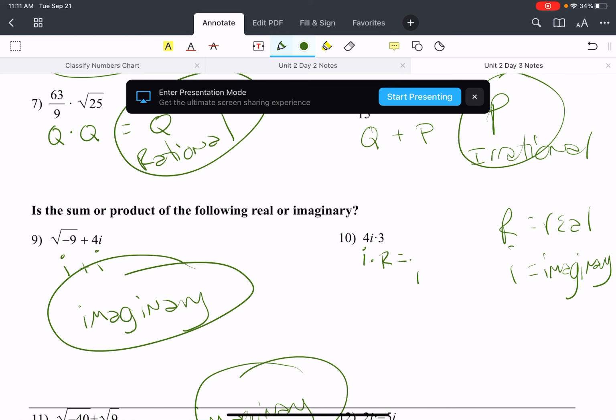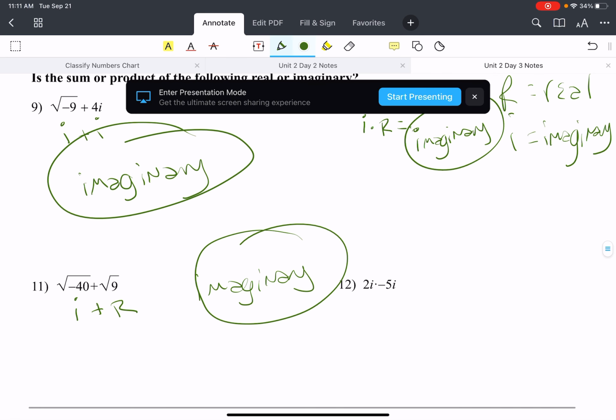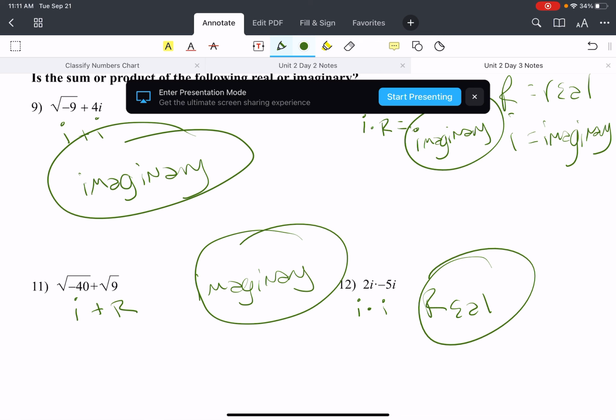Imaginary, good. And then last one, I have an imaginary times an imaginary. So it's a real number. Good.